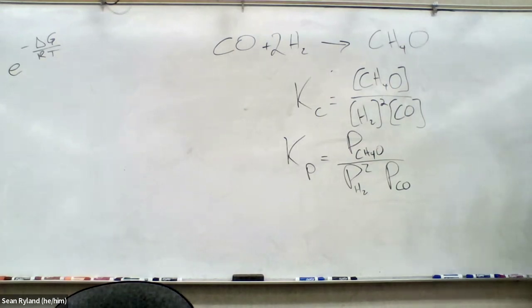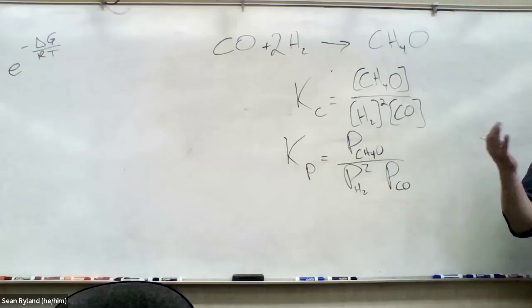Looks the same though, right? Basically, pressures and concentrations can be treated the same way in a lot of cases because they're proportional to each other, as long as we're making those assumptions in the ideal gas law, which we pretty much always are.